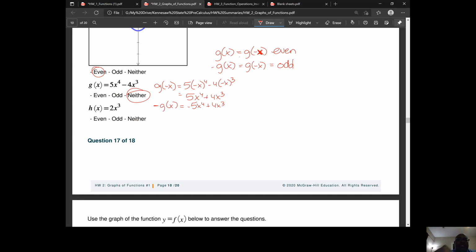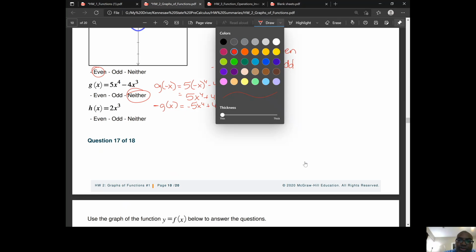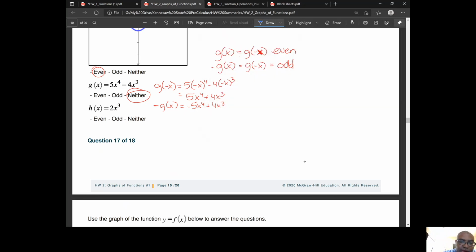Okay, for h of x, let me change colors and let me bring it over here to show you how to do it. It's not as complicated as it looks. H of x is equal to 2x cubed. H of negative x is equal to negative 2x cubed.